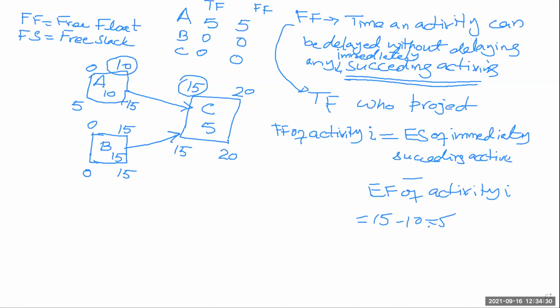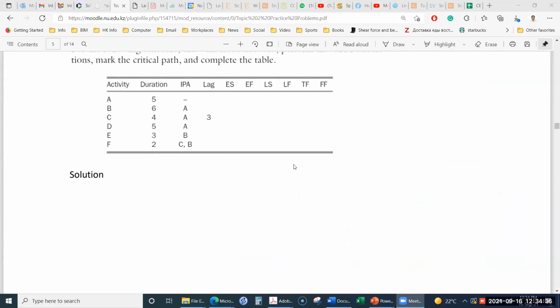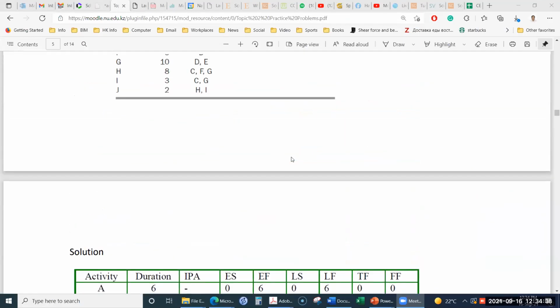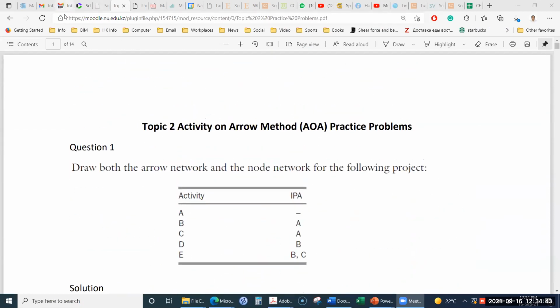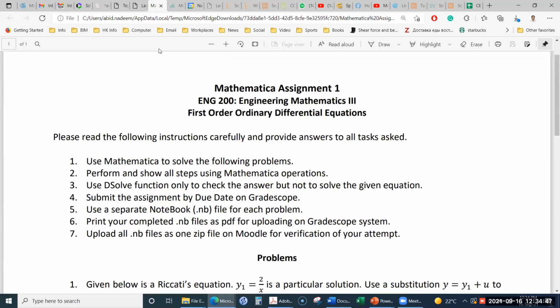These are the practice problems. The practice problems are similar to the assignment, and you should be able to do those assignments.